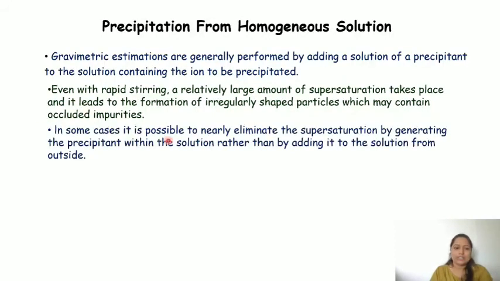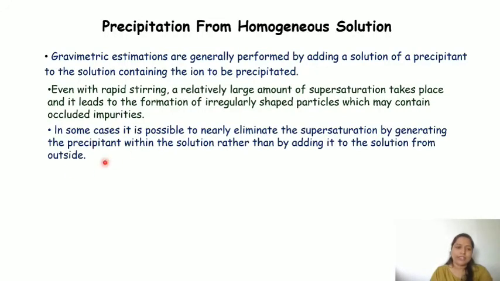In some cases, it is possible to nearly eliminate the supersaturation by generating the precipitant within the solution. So, in some cases, the occluded impurities can be minimized by generating the precipitant within the solution rather than by adding it from outside the solution.